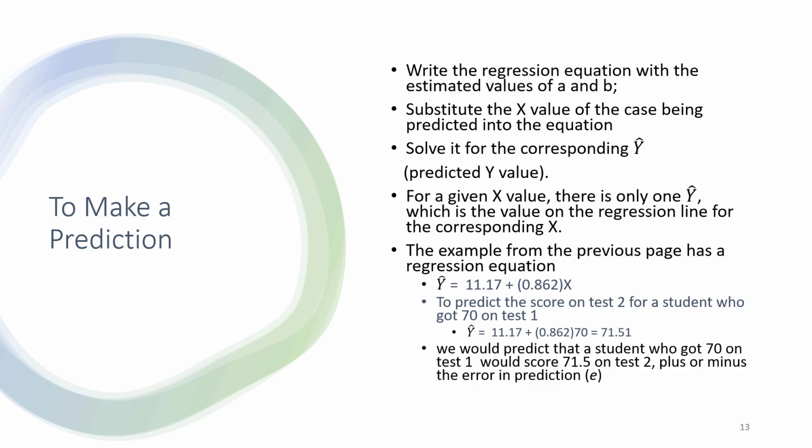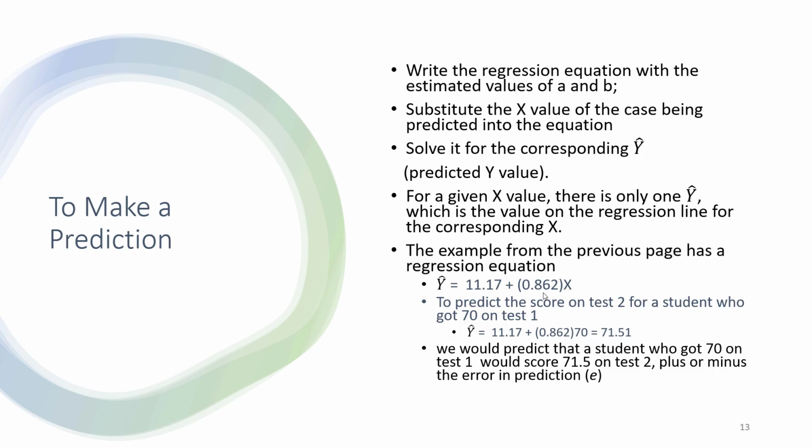With the regression equation, it's easy to make a prediction. All you need to do is to substitute the x value of the case being predicted into the equation and solve it for the corresponding predicted y value.